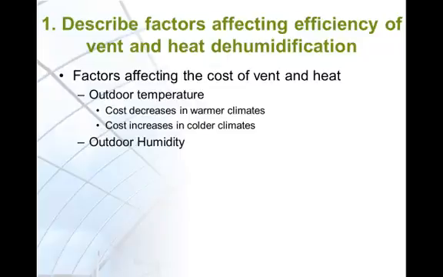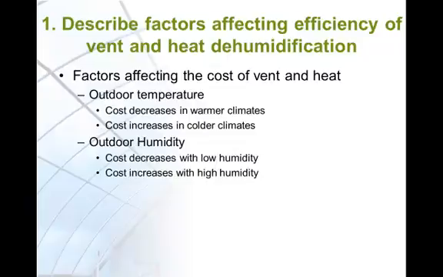The second factor is outdoor humidity. When outdoor humidity is low, a minimal amount of air mass exchange effectively reduces the greenhouse humidity. Thus, less cold air mass needs to be heated, and the costs of vent and heat will drop.